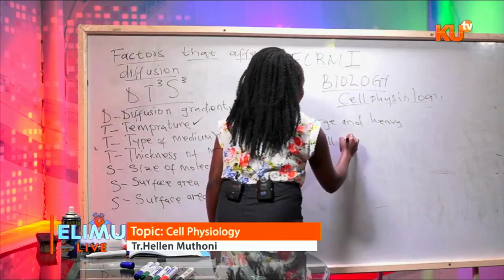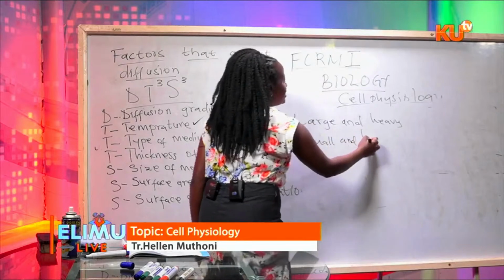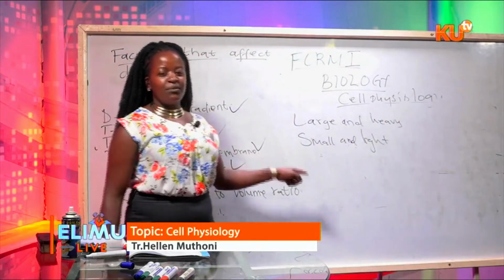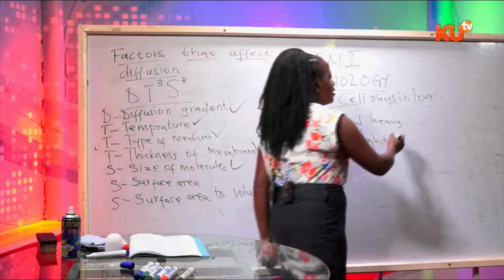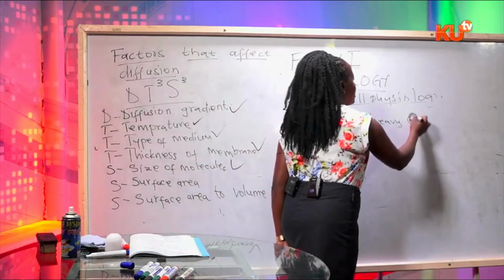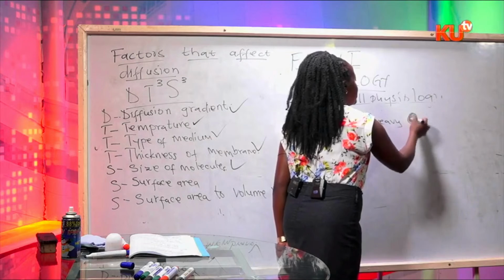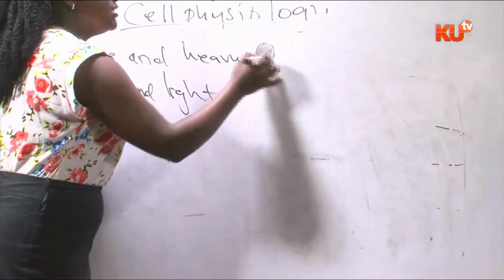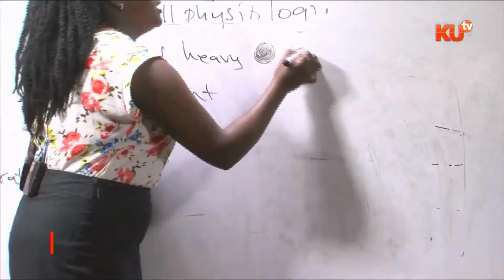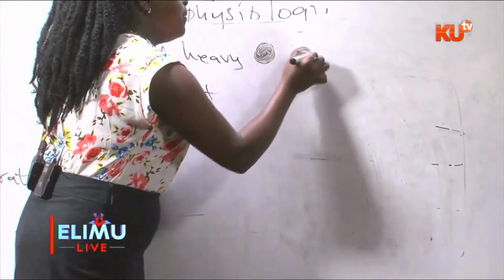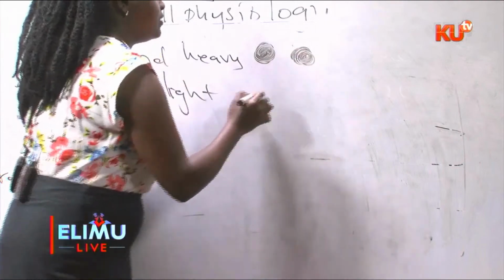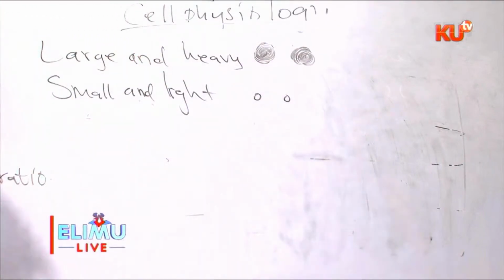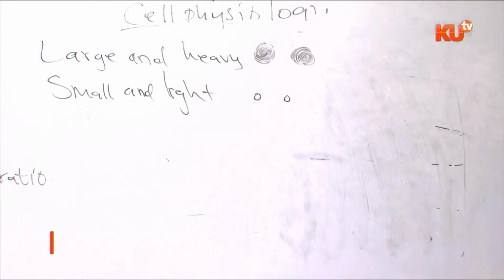Small and light molecules. So for large and heavy molecules, we can draw big shaded circles to demonstrate this. Large and heavy. They are big in size and their weight is more. Then we have these two unshaded circles to represent small and light molecules.